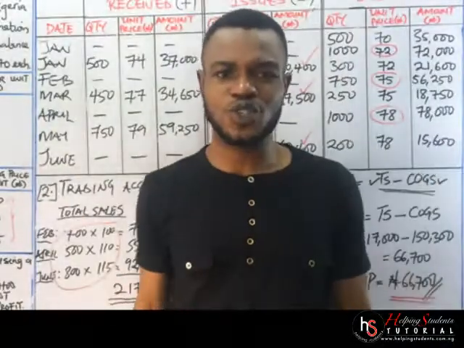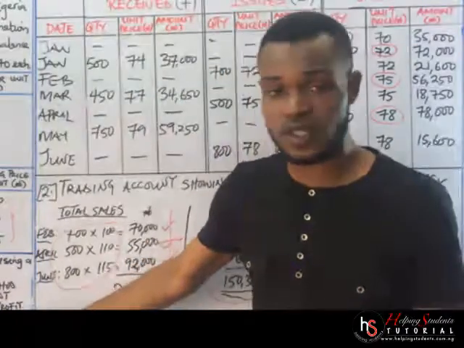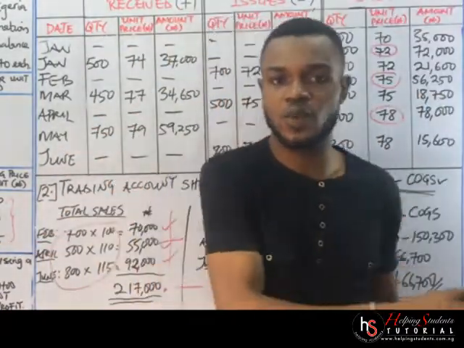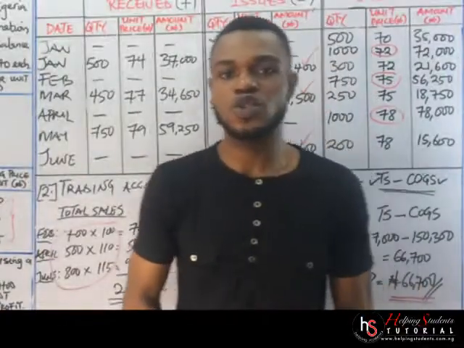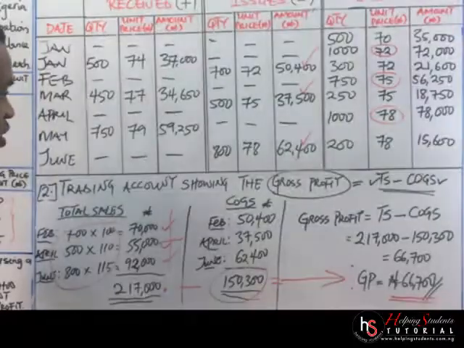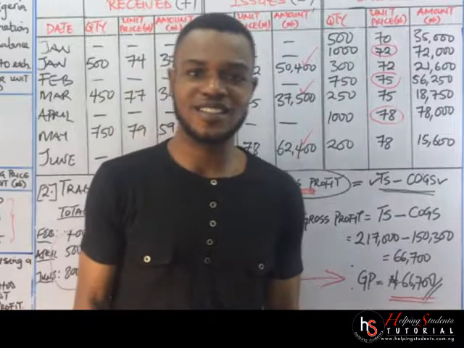This is the best way to solve a question like this. But if the question did not ask us to show the gross profits, then you stop with what we've done here, just like the FIFO and the LIFO. So we only went further to do this because the question has demanded for it. It says we should show the gross profit. So that is the best step.